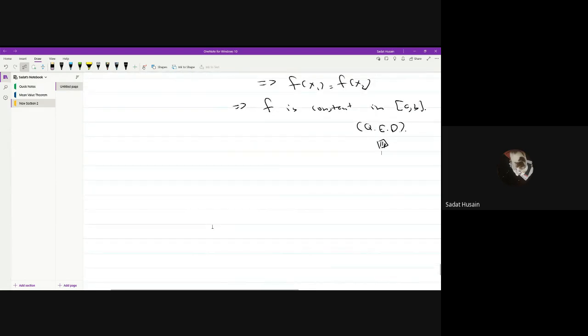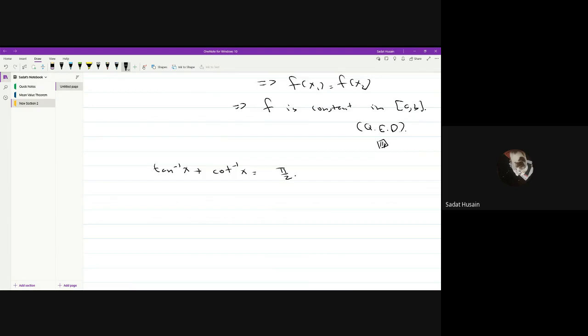Okay, so we'll prove a trigonometric identity, and that'll be the end of the lecture, I guess. We'll use this corollary to prove a trigonometric identity. So we will prove that tan inverse x plus cot inverse x is always equal to pi over 2. Now we can use trigonometry to prove this, but a better way to do it is using calculus, the mean value theorem.